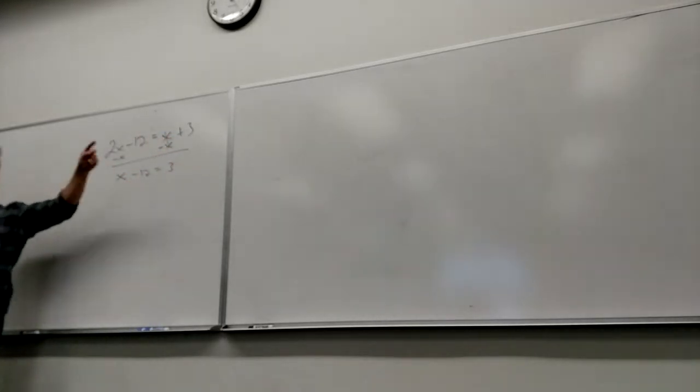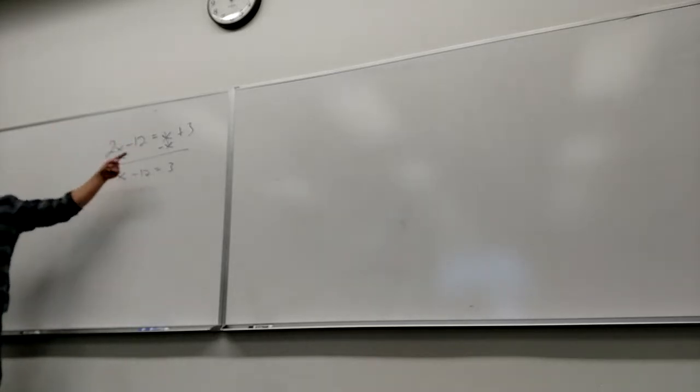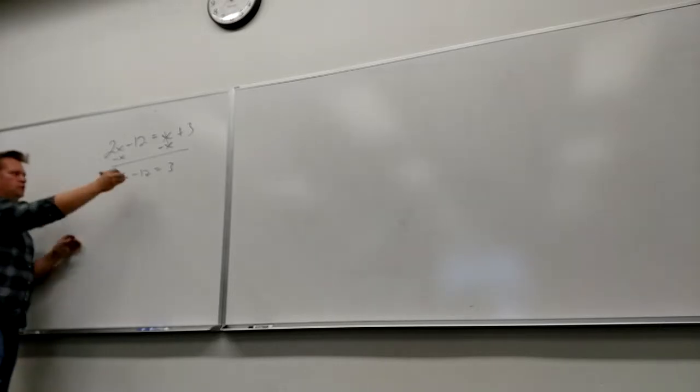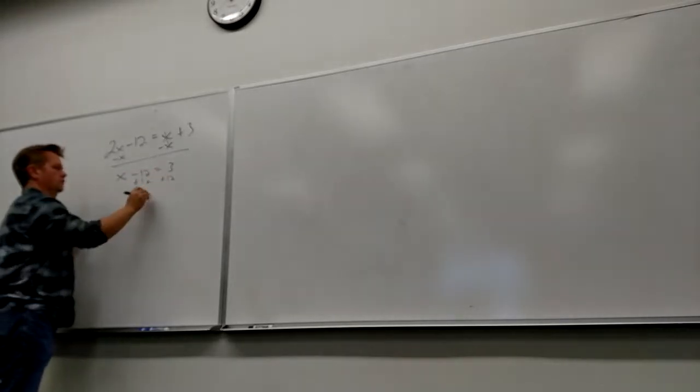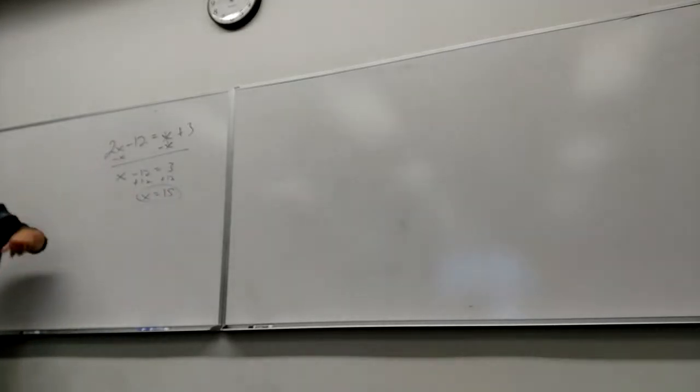And then you add 12. It doesn't really matter if you add 12 first or not. I just want to make that point: if you have a choice, keep the x's positive. All you need is x's on one side, numbers on the other. It doesn't matter which side they end up on. So then you add 12. 15, cool. And then you can check it if you want to, plug it back in.